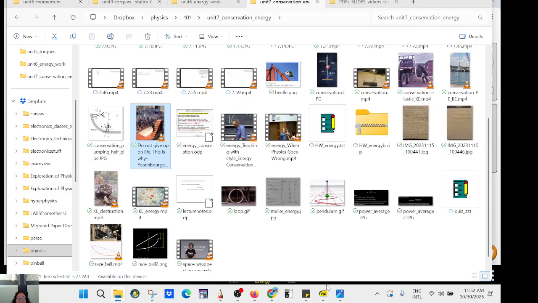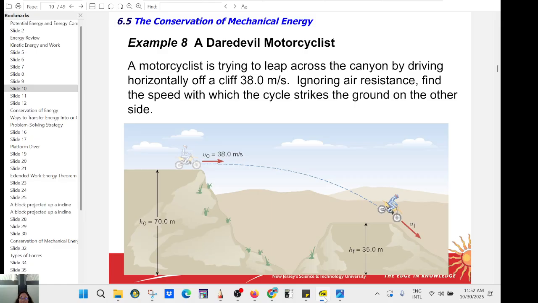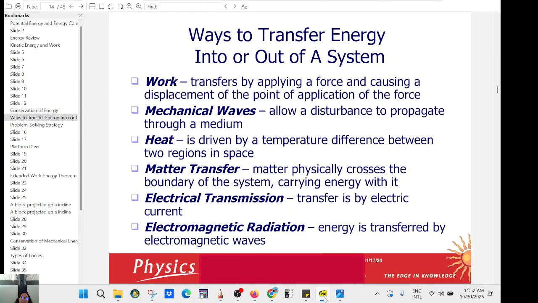Okay, the idea is don't give up. It's a nice message, right? One step down. I didn't notice. So it must be lost because of air resistance, right?